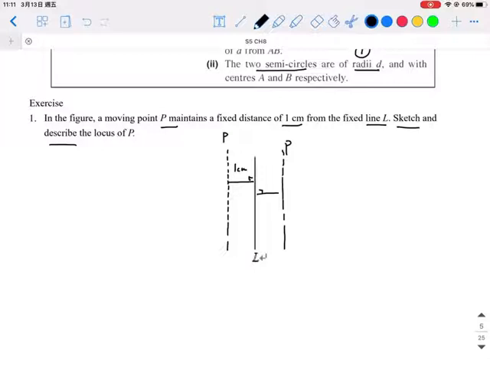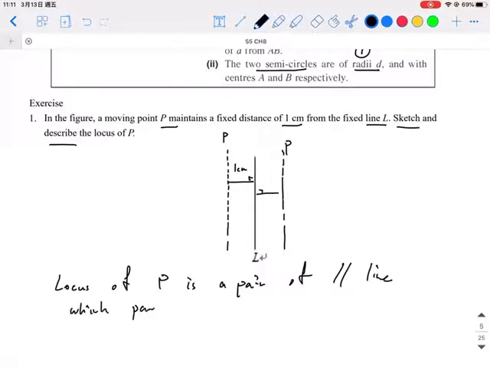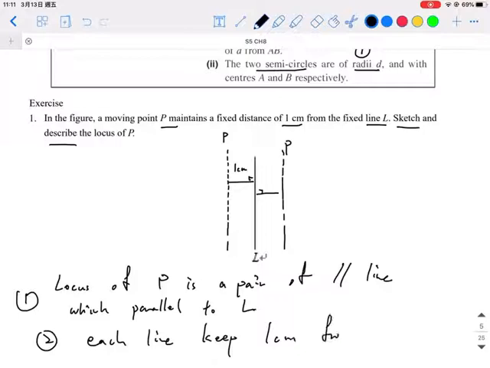To describe it: the locus of P is a pair of parallel lines. The first point is they are parallel to L, and the second point is each line keeps 1 cm from L. So we finished question number 1.